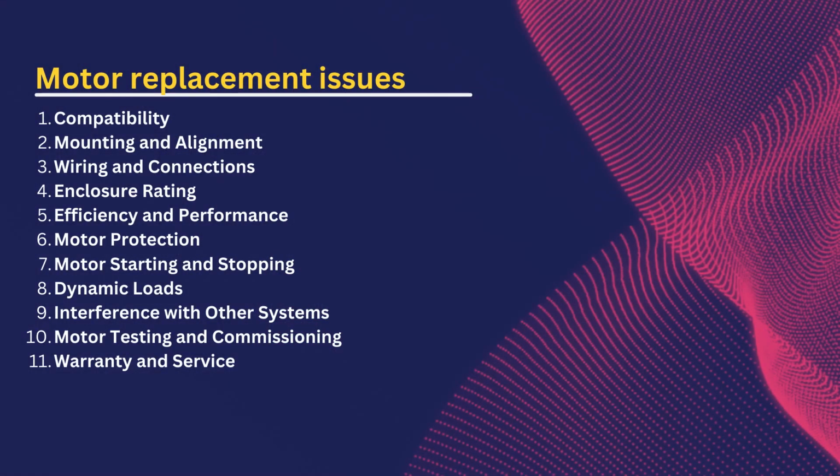Ensuring that the new motor is compatible with the application and system requirements is crucial. The replacement motor should have the same or similar specifications including power rating, voltage, speed, torque, mounting and shaft design. Second is mounting and alignment. Proper mounting of the new motor and aligning it with the driven equipment is crucial for smooth operation and to prevent premature wear or damage.